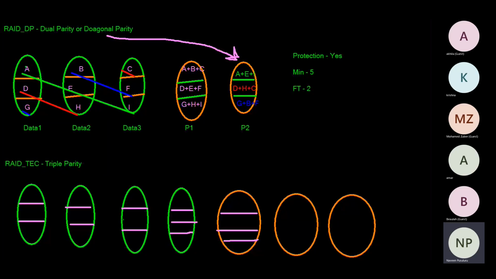I'm assuming that it has 4 blocks, 4 stripes.